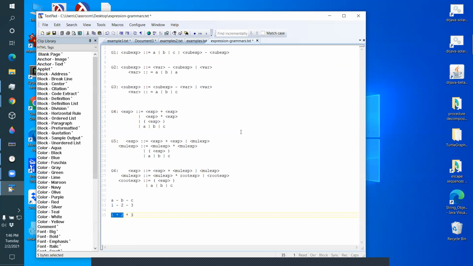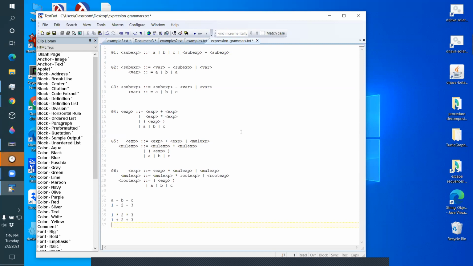Why did he choose subtraction for G1, G2, and G3 versus addition or multiplication?